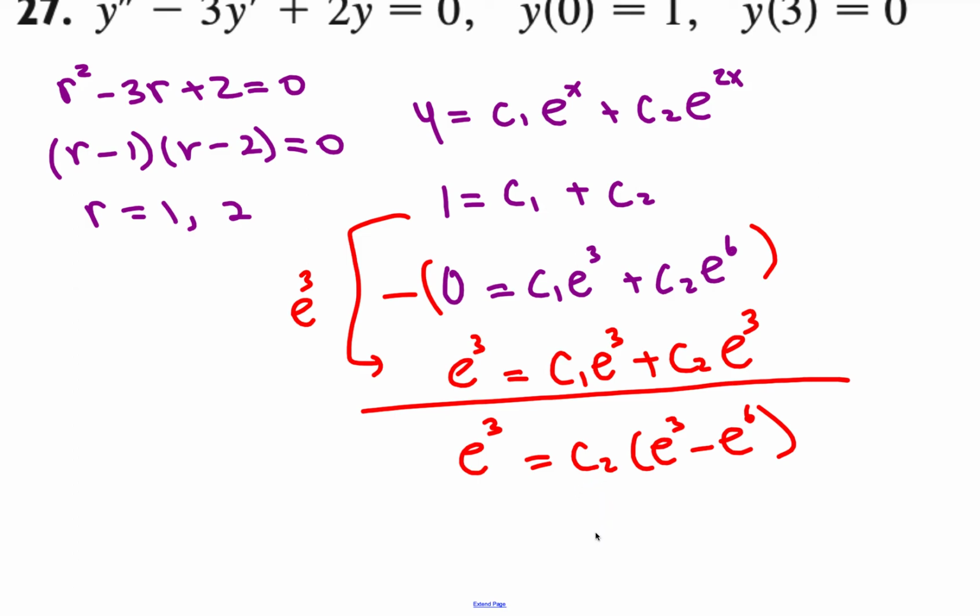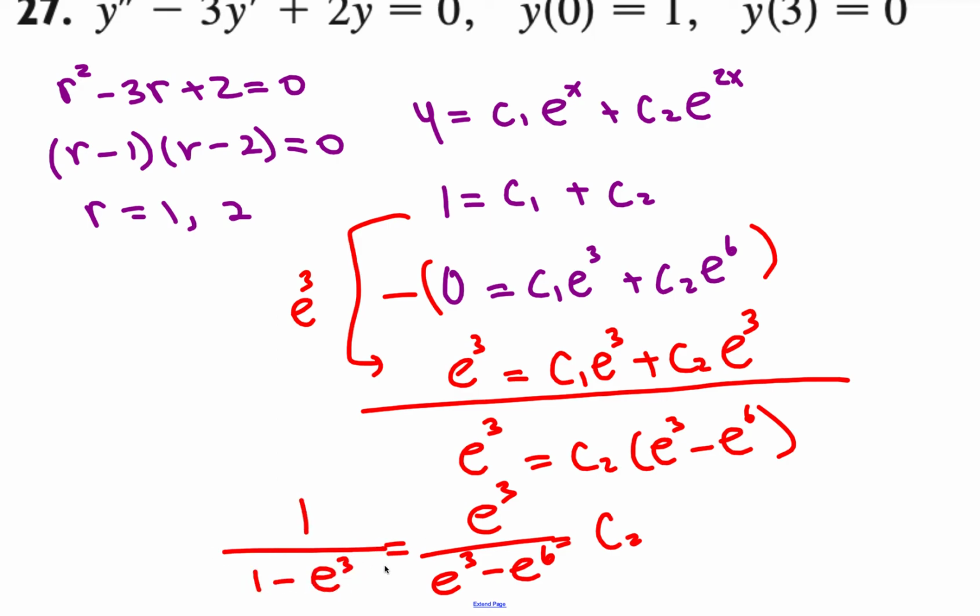To figure out c sub 2, we get e to the 3 power over e to the 3 power minus e to the 6 power. I can divide top and bottom by e to the 3 power, then we get 1 over 1 minus e to the 3 power.